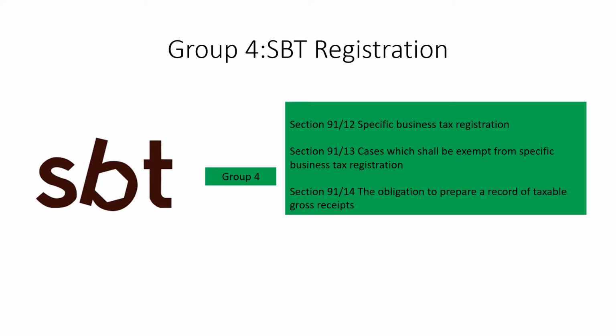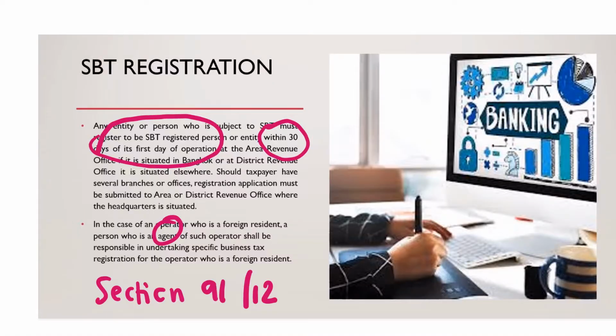Therefore, in order to enable the tax authority to audit or assess whether your tax payment is correct or not, this provision requires you to register for specific business tax and prepare a record and submit the record to the tax authority. This is the purpose of the SBT registration.